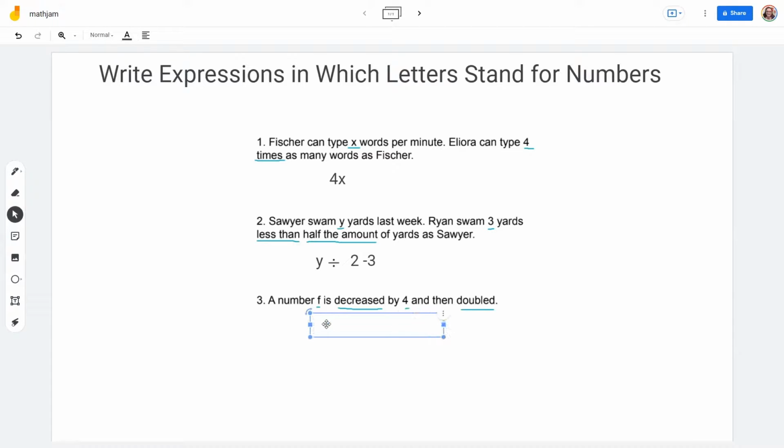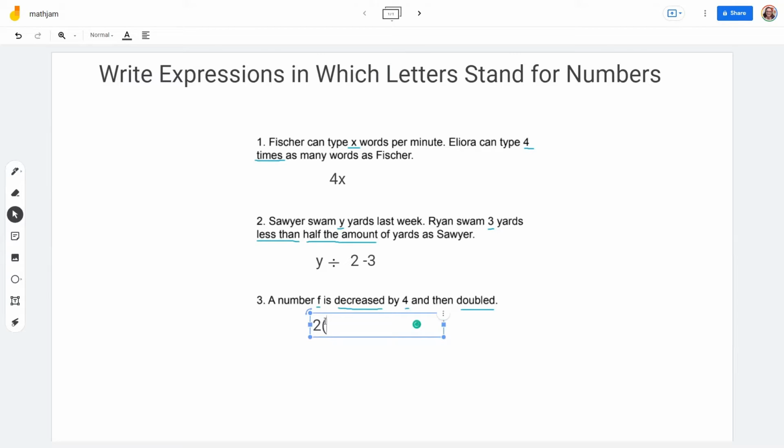If we're going to double something, remember, just like we did up here when we halved it, we divided by 2. By doubling, whatever it is, we're going to multiply it by 2. And F is decreased by 4, so let's put those in parentheses, because following PEMDAS, we have to solve the parentheses first.